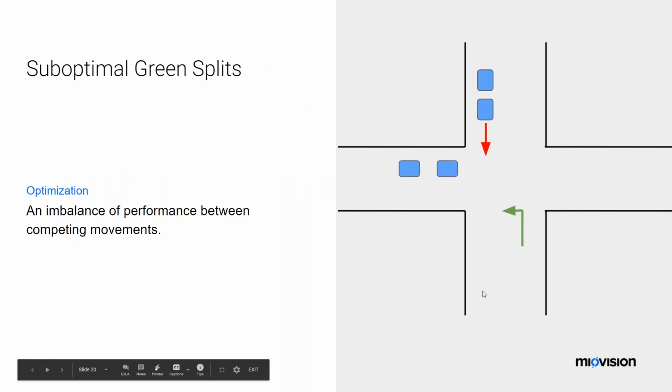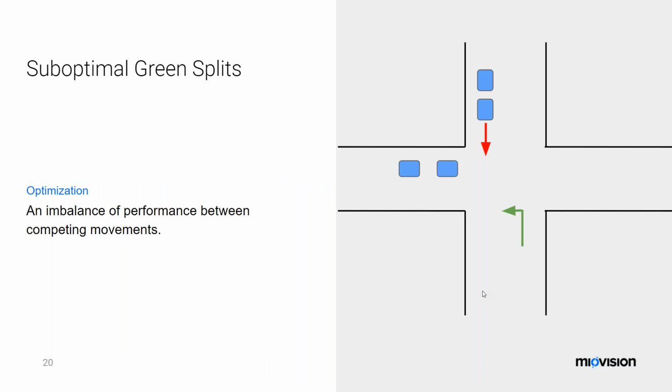So what do I mean by each of these problems? At a high level, for suboptimal green splits we're looking at an imbalance between competing movements. An example would be, in this case, the northbound left and the southbound through are directly competing with each other for time.